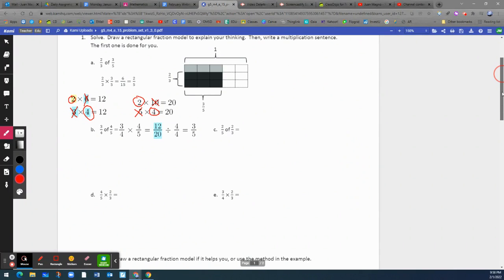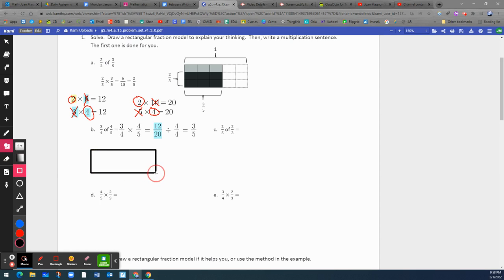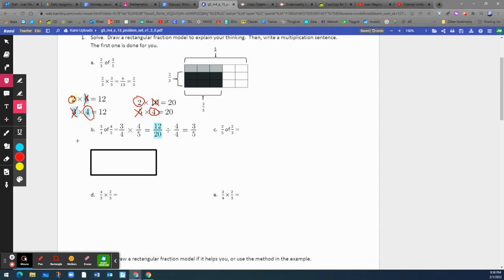Now we're going to show how to solve this problem with a fraction model. To do that, we're going to use a rectangle, and we're going to follow the instructions based on the problem. This one says that we have 4 parts in that particular fraction model.